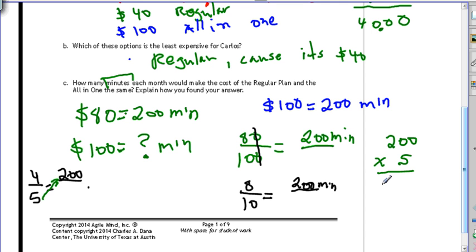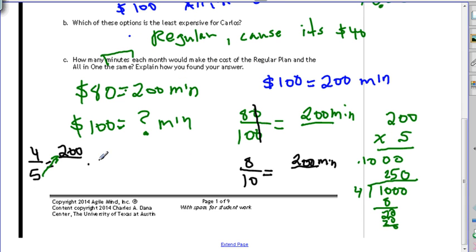That's going to get me 1,000. I get 1,000, and now I'm going to divide it by 4. So that's going to get me about 250.